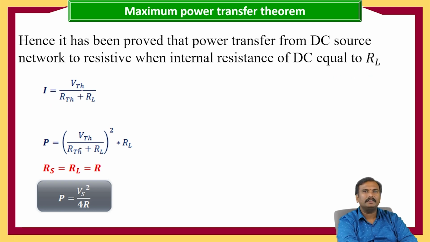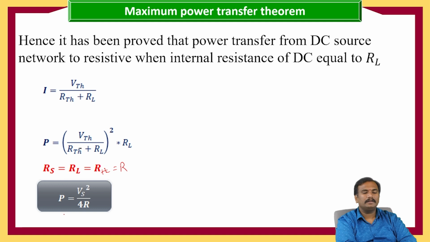Current I is equal to V_TH by R_TH plus R_L, where power is equal to (V_TH by (R_TH plus R_L)) whole square into R_L, where R_S is equal to R_L is equal to R_TH, which is equal to R. If we substitute R in place of R_TH and R_L, we get 2R whole square, that is 4R square, into R, so that R will get cancelled.